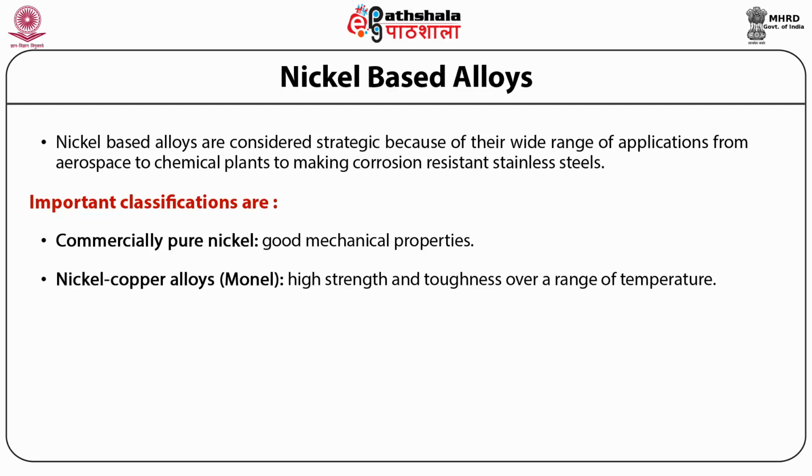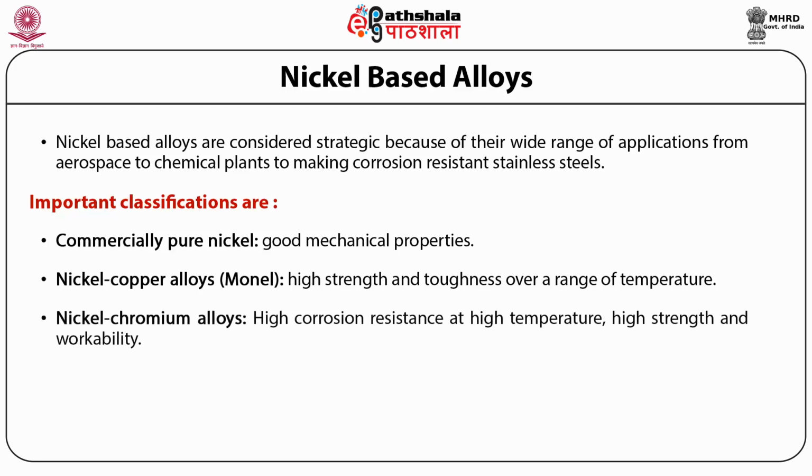Next is nickel chromium alloys. Inconel 600, that is 15.5% of chromium and 8% of iron, is a standard engineering alloy. Other nickel chromium alloys are Inconel 601 and 625 with improved properties.